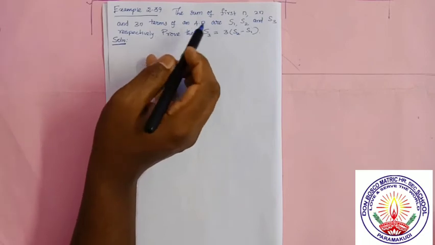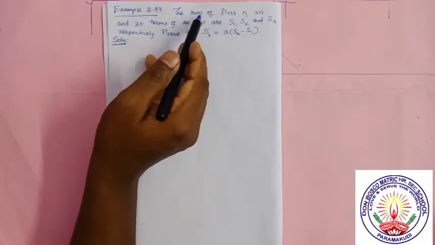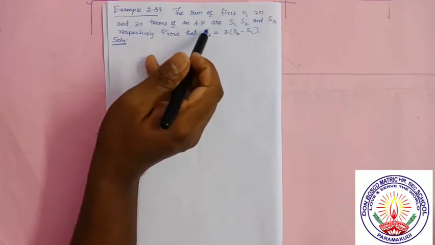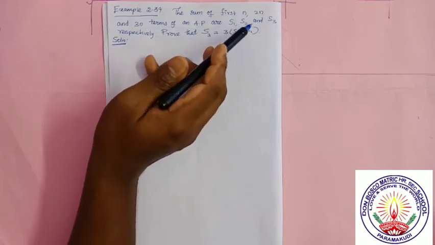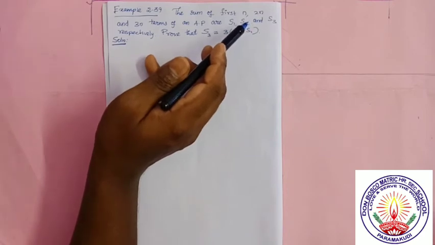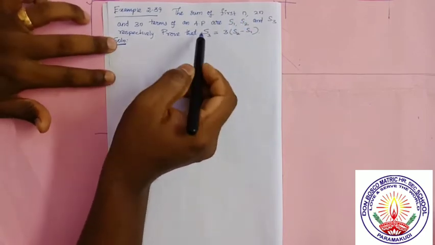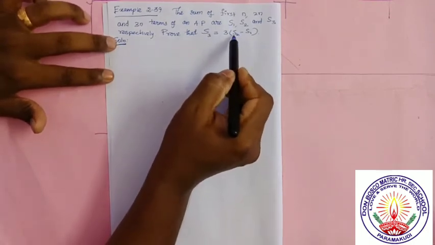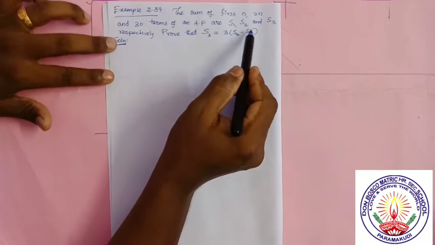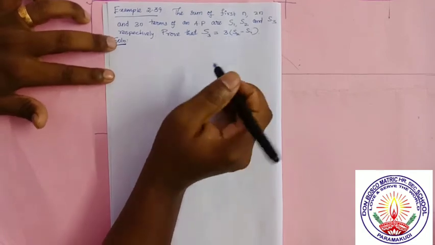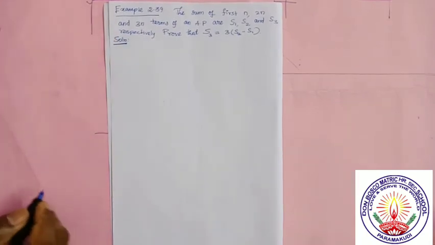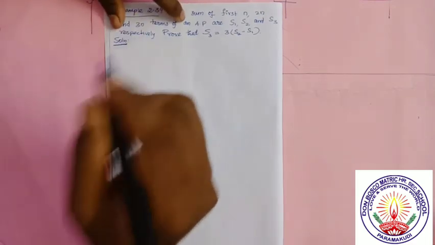The sum of the first n, the sum of the first 2n, the sum of the first 3n terms of an AP are S1, S2, S3. Then prove that S3, that means the sum of the first 3n terms, is equal to 3 into the sum of the first 2n terms minus the sum of the first n terms. Prove that the left hand side is equal to the right hand side. This is the question. Very, very simple and very important 5-mark question. They may ask it often in the examinations.